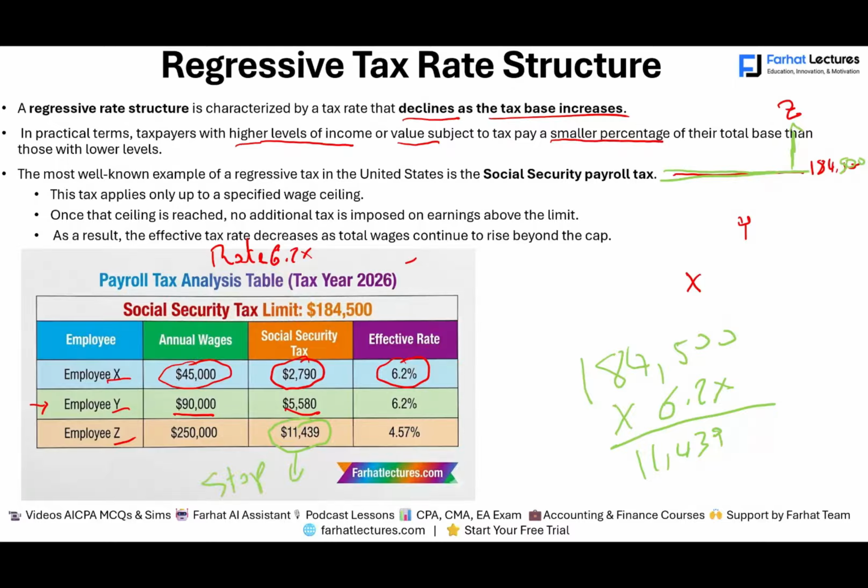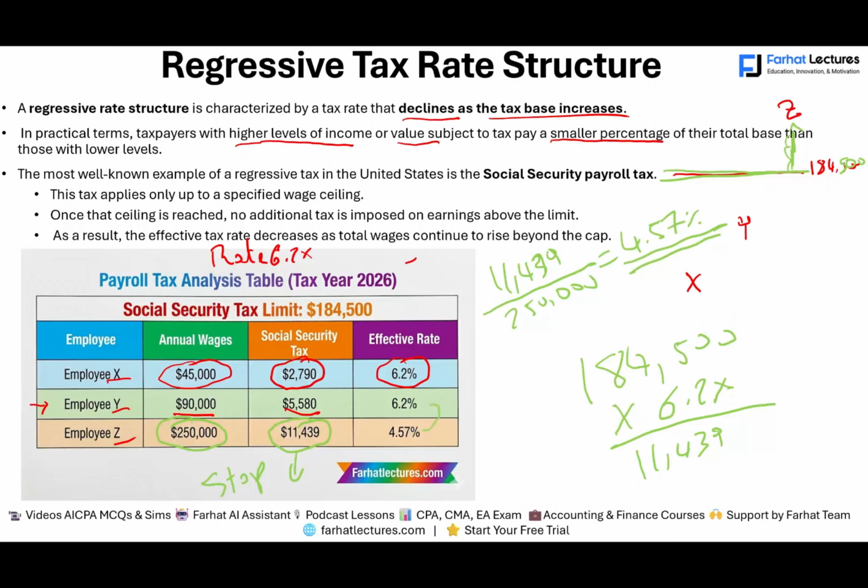Why? Because their earnings reached the limit, and every additional dollar they earn going forward is Social Security tax free. So on average, the effective rate they pay on their earnings, because they earned $250,000, is $11,439 divided by $250,000, which is 4.57%.